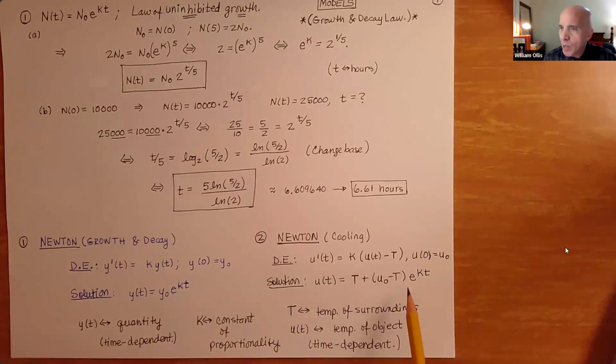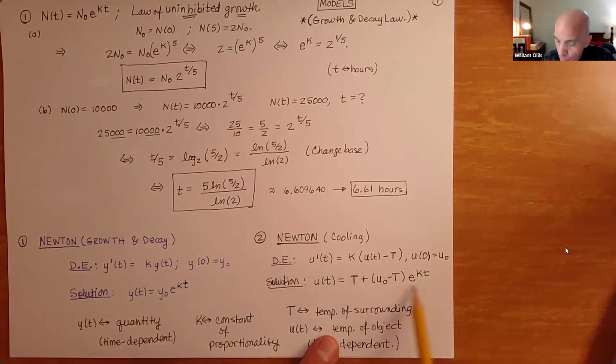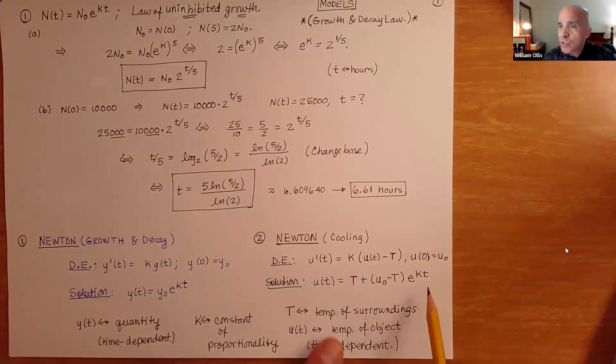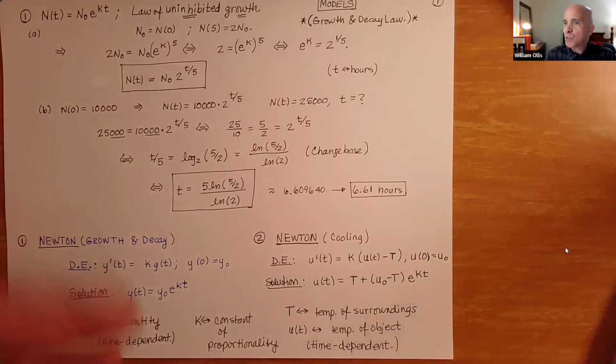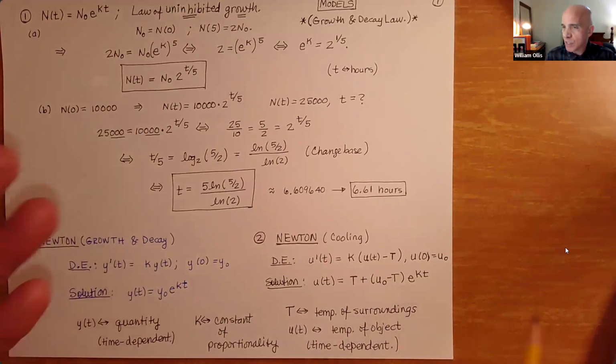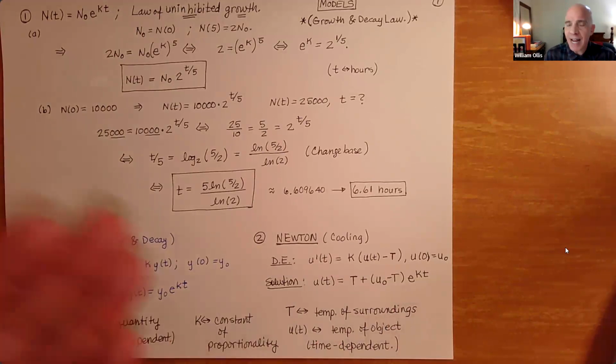Now, what you would expect is that as time progresses, this particular term will converge to 0. So if you place an object in some environment that has a constant temperature, as time passes, the temperature of the object will take on the temperature of the surroundings. Think about something that happens at home.